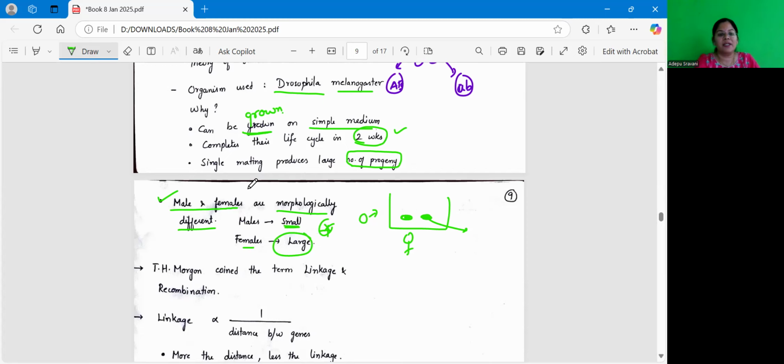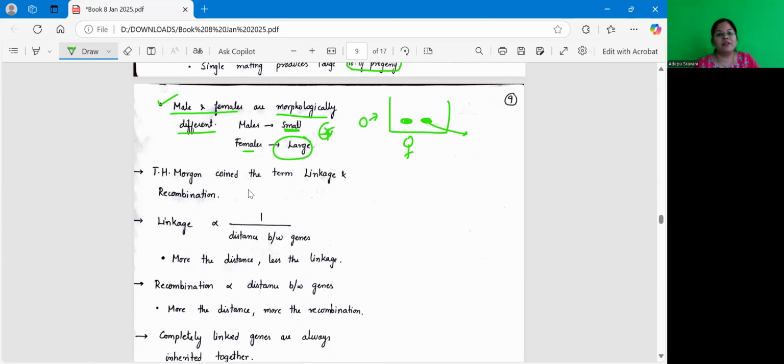Next, T.H. Morgan coined the term linkage. Linkage, we know that. Next, recombination. What do you mean by recombination? Exchange of genetic material between the two homologous chromosomes is called recombination. Let us say this is small a, then capital B and small b. Now this is the condition before meiosis.